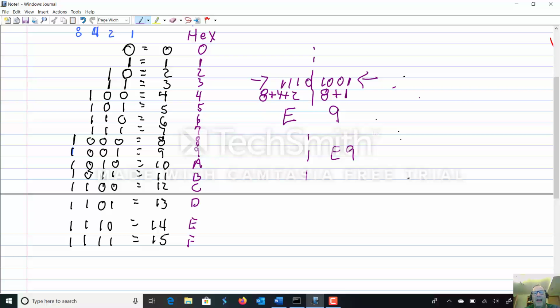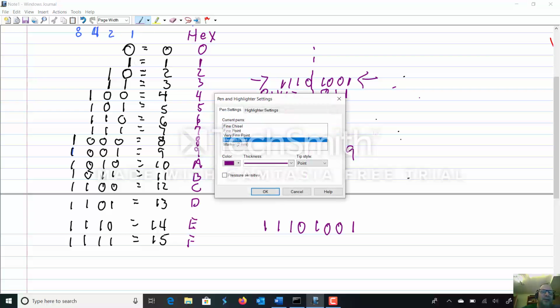Now, when we go from binary to decimal with 8 digits, it gets a little bit more complicated. So let's take that same number again, which was 1 1 1 0 1 0 0 1. And what we've seen so far is we kind of have an idea of what to do here, because we've seen this already.